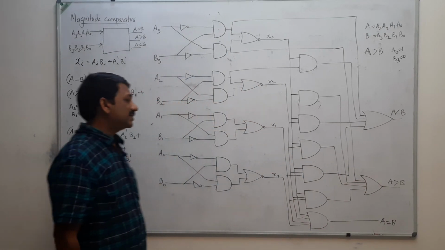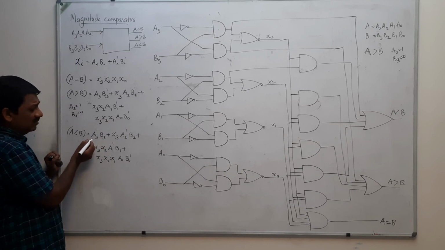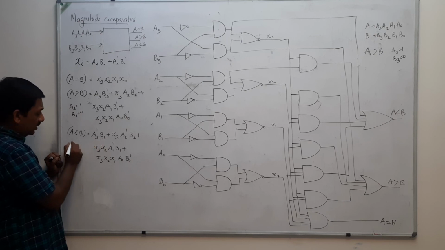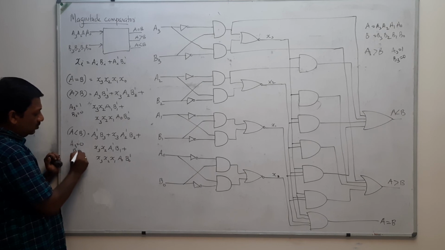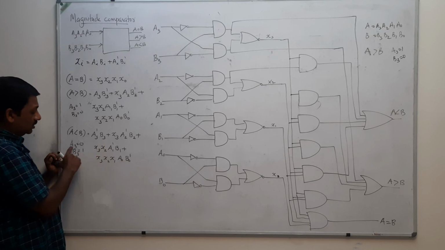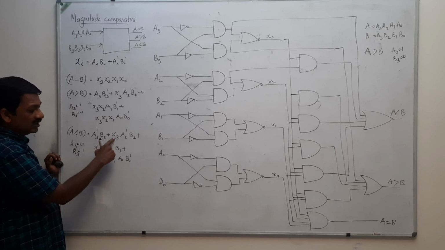And A less than B means A3 bar B3, that means A3 should be less than B3. That means this is 1 if A3 is equal to 0 and B3 is equal to 1. If both are same, then X3 will be 1.